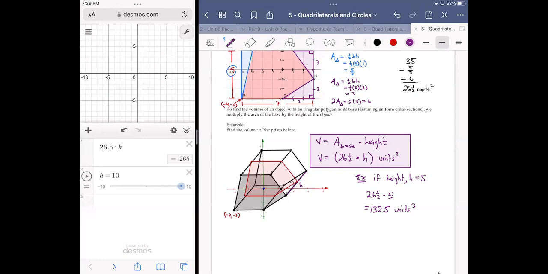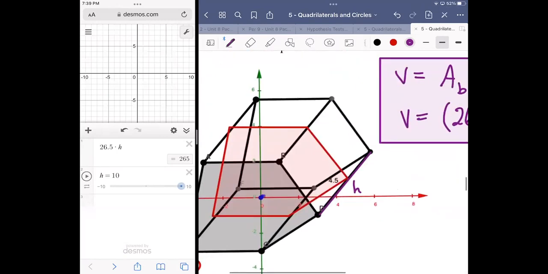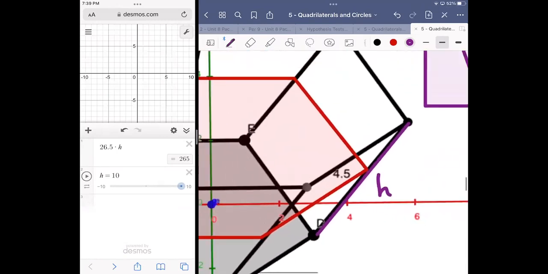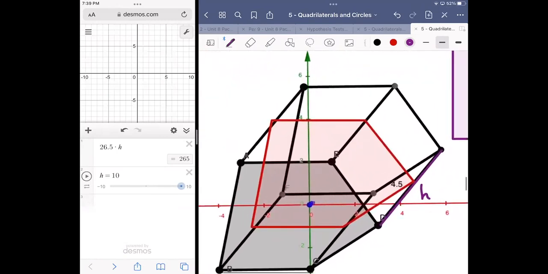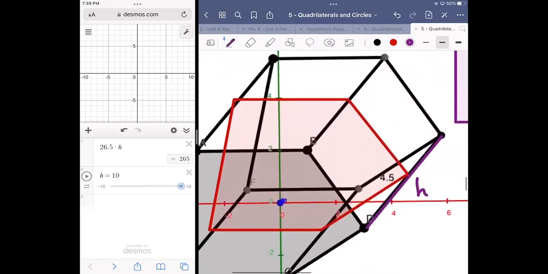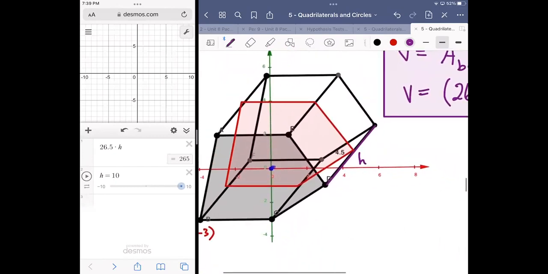Oh, okay. Yeah, question. Professor, that 4.5 over there, does it mean something or just? That 4.5, I honestly don't even know what that is. It really kind of tucked itself in there, didn't it?